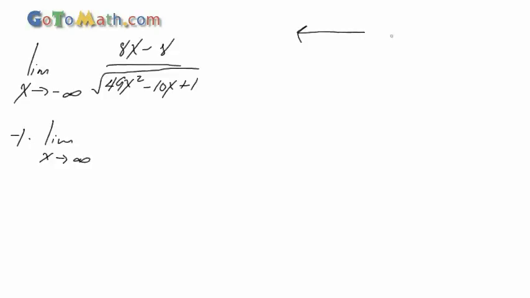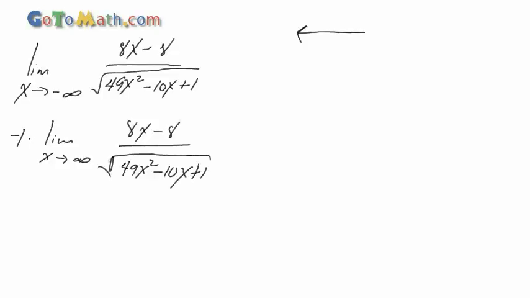In other words, we're going to be looking at it in this direction, but there's going to be some symmetry involved, of the square root of 49x squared minus 10x plus 1. Now what we're going to do is take this radical right here.